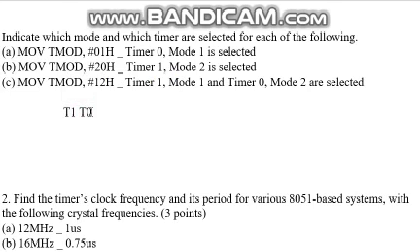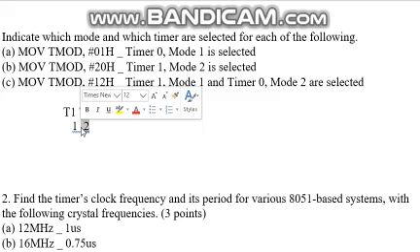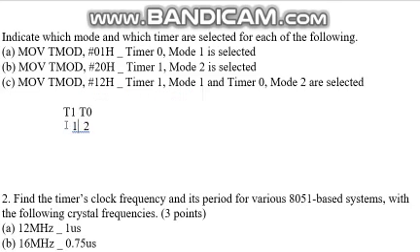Suppose under T1 I am setting 1, it means I am going to use timer 1 in mode 1. If I am writing 2 under T0, then I am using timer 0 in mode 2. This is the meaning of the timer mode register bits T0 and T1.